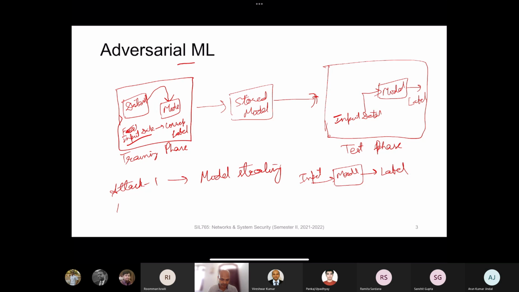And this model stealing actually refers to stealing the data out of the stored model.